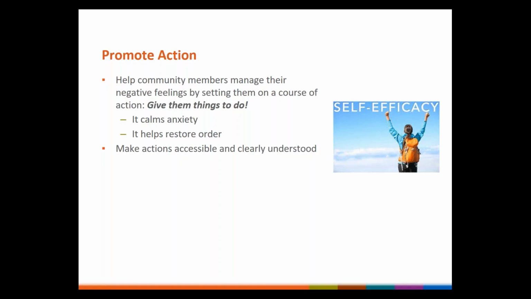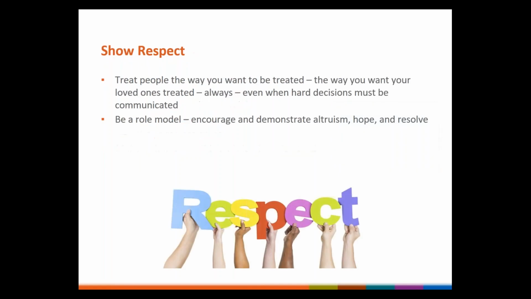As we talked about earlier, people do not process information the same way during an emergency, so it's important to make the actions accessible and clearly understood. Some people may be more motivated than others, so you may suggest a range of responses. Here's what, at a minimum, you can do, and here's, if you really are concerned about this, a maximum response, and then something in the middle that's achievable. And show respect.